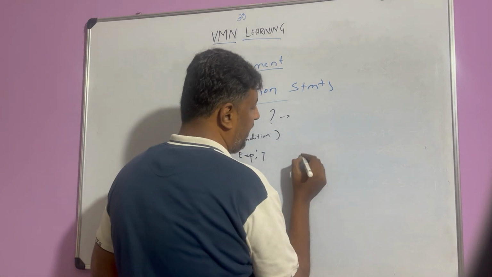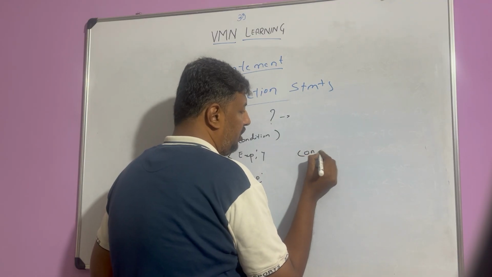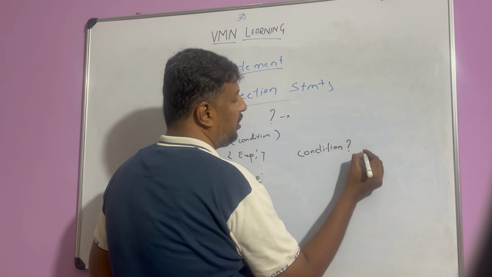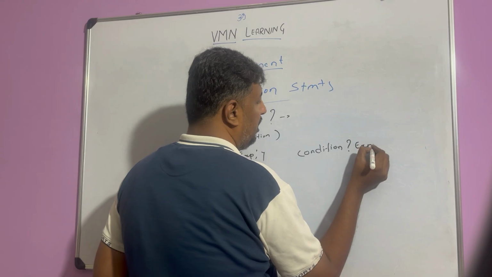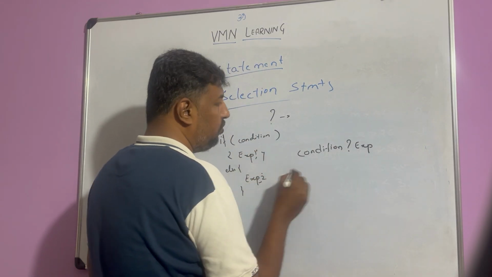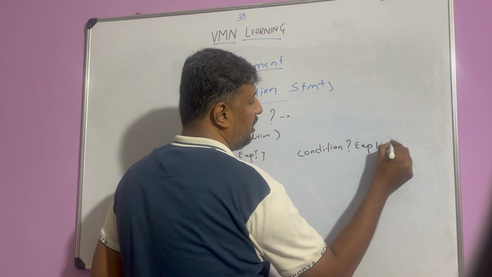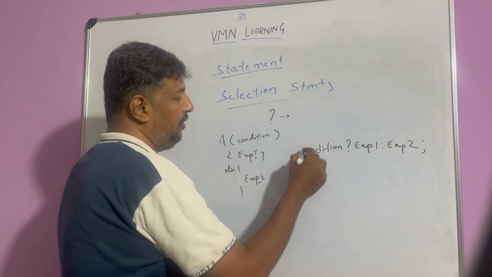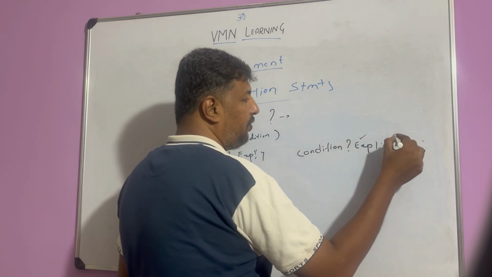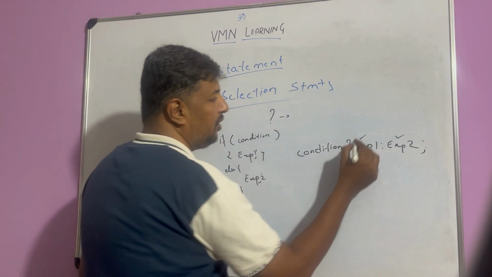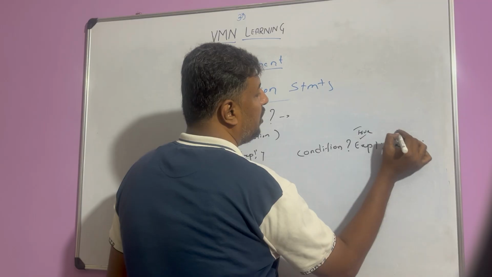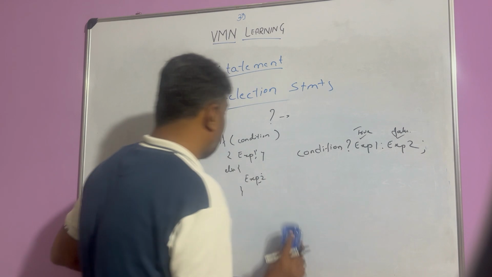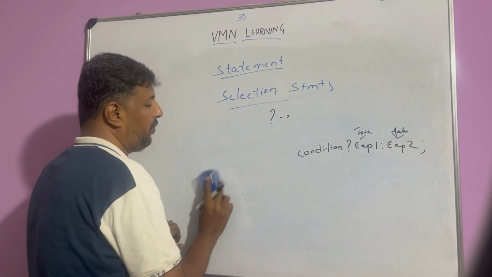Now the same thing I can write as condition, question mark, expression 1, else expression 2. If this condition is true, then this. If it is false, then this. This is for true, this is for false. Let's see another example.